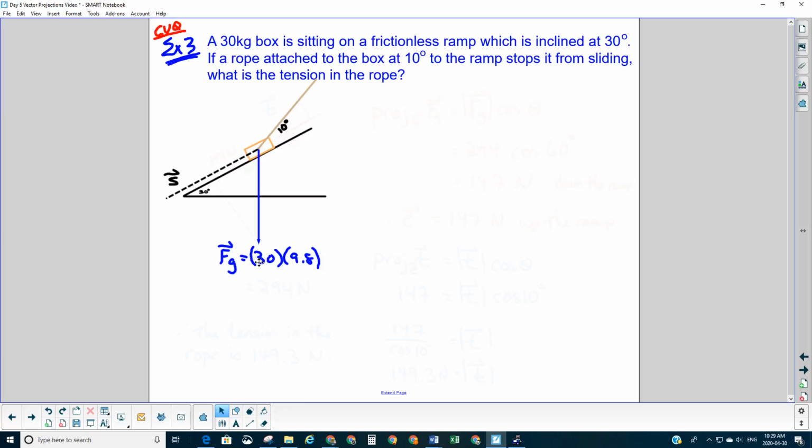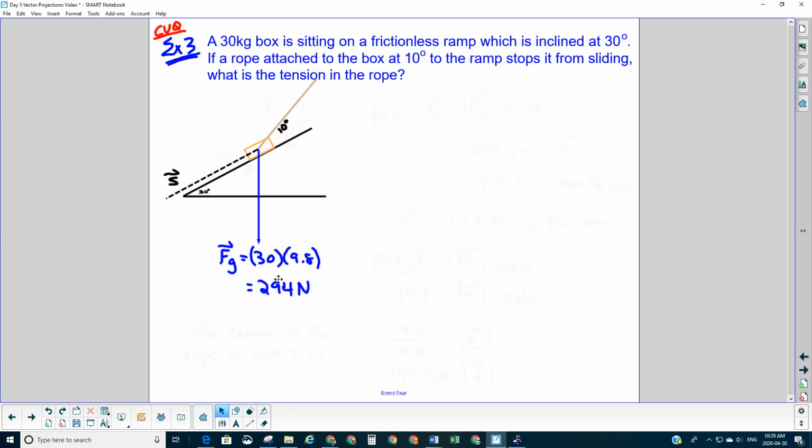What you do is multiply the 30 times 9.8, and we get 294 newtons. Newtons measure how much force it is, kilograms times meters per second squared. So this vector here is 294 newtons long.